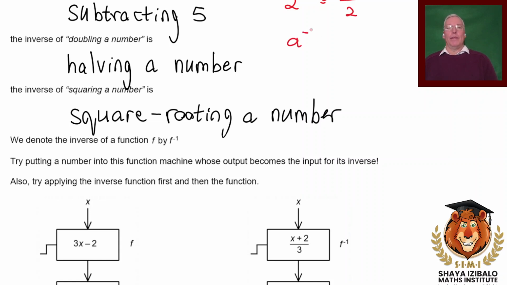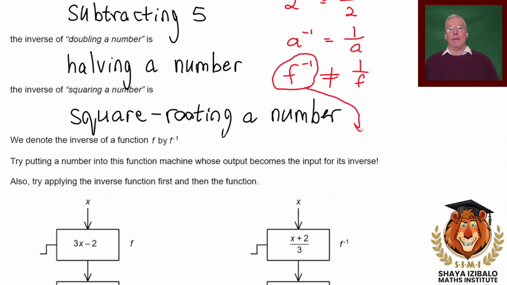A variable to the -1 is 1 over a. But f to the -1 is not 1 over f. F to the -1 is the inverse of f. And we must make sure that we don't confuse those things.